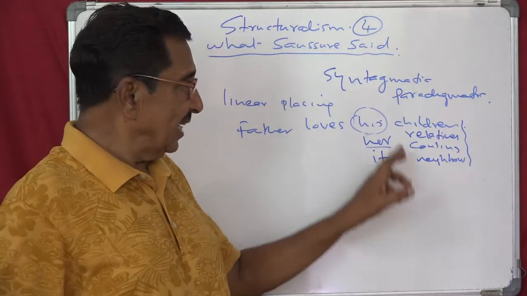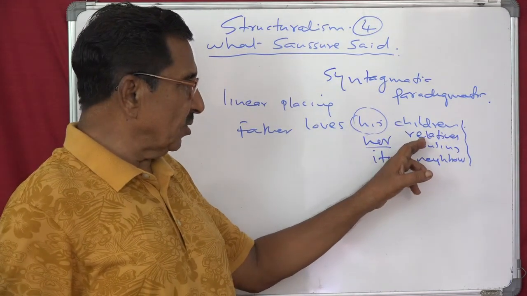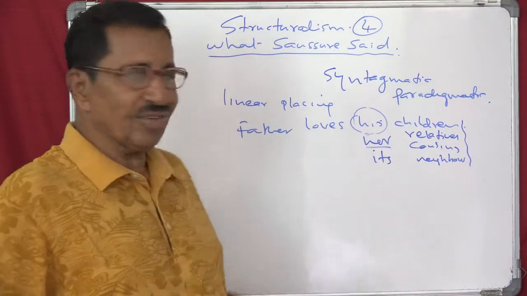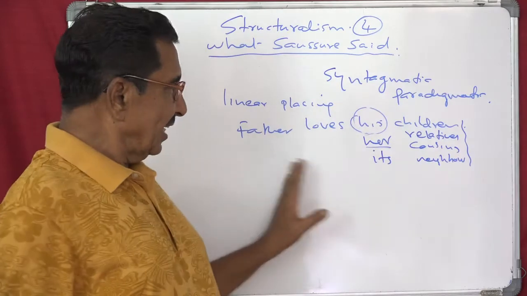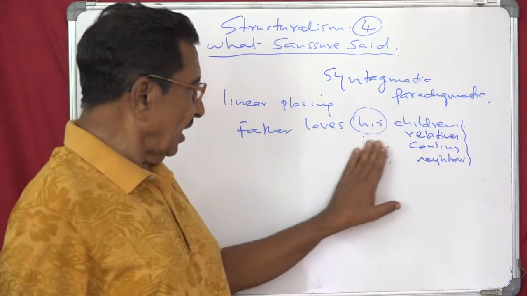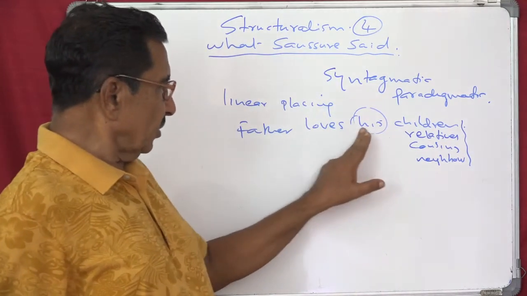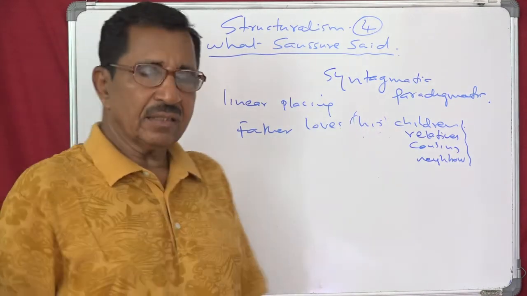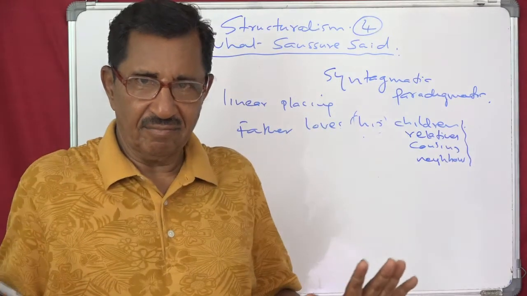Vertical relation means children can be substituted with relatives, relatives can be substituted with... But in this case, it's not like that. So here, if you substitute children by relatives, cousins, etc., the syntagm is perfect.